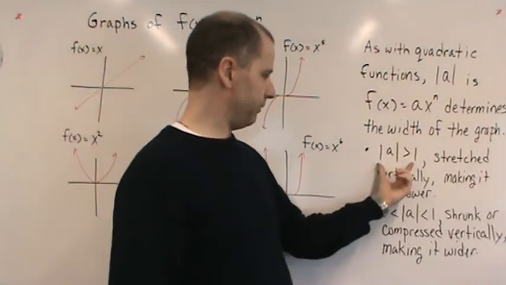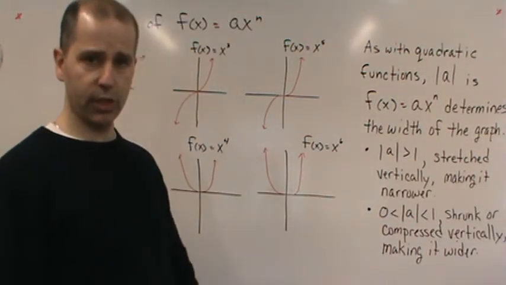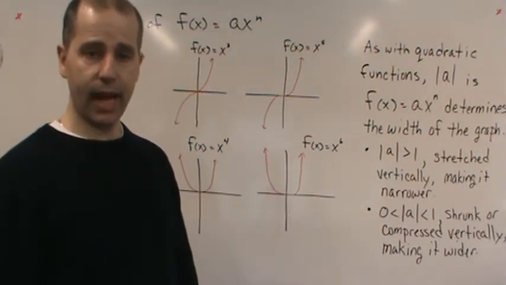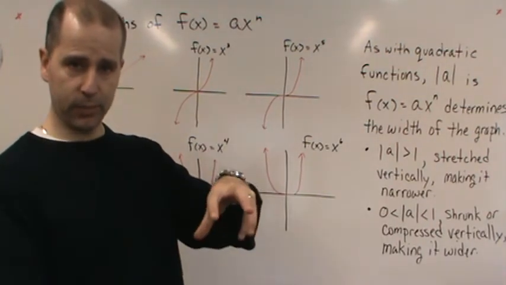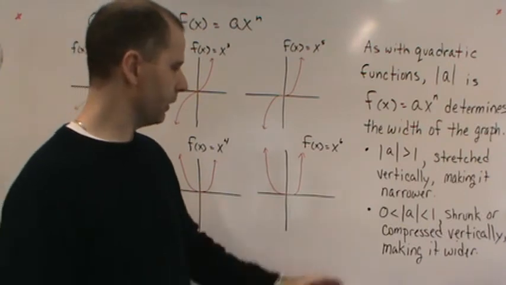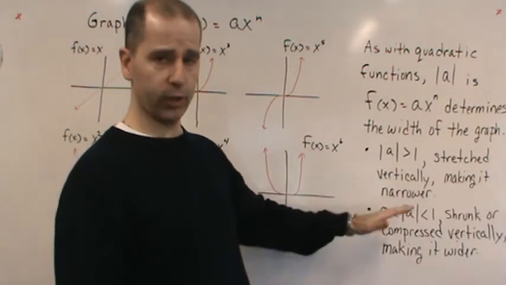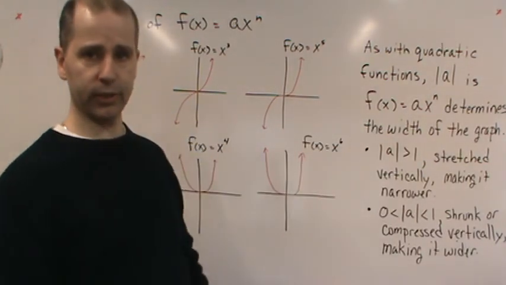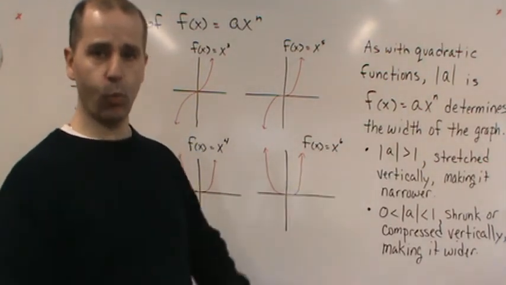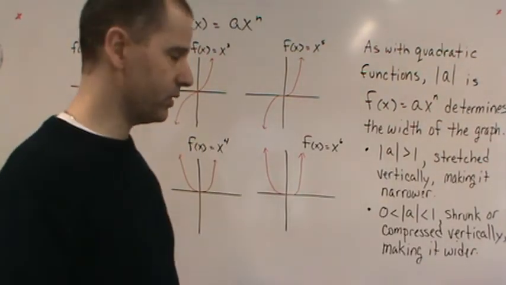If a is greater than 1, it's going to be a vertical stretch, and so the sides become more narrow. So the graph gets closer and closer to the y-axis. If a is between 0 and 1, then it's compressed in the vertical direction, which causes it to become wider. That's just a little bit of review, but we're going to use that later.